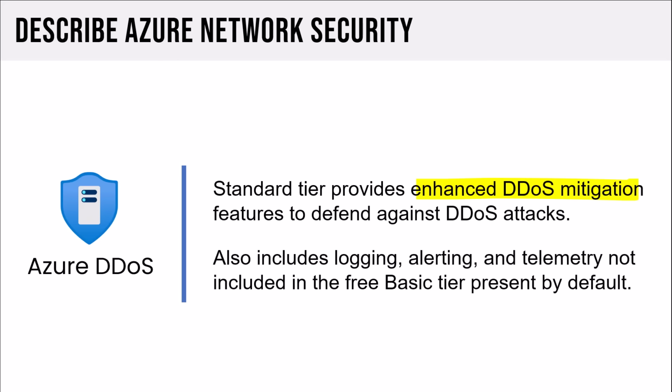And that standard tier also includes enhanced logging, alerting, and telemetry that's not included in the free basic tier, which is actually present in your Azure subscriptions by default. You don't have to do anything to enable that Azure DDoS basic functionality. It's really there providing a layer of protection for all of your Azure infrastructure and services by default.